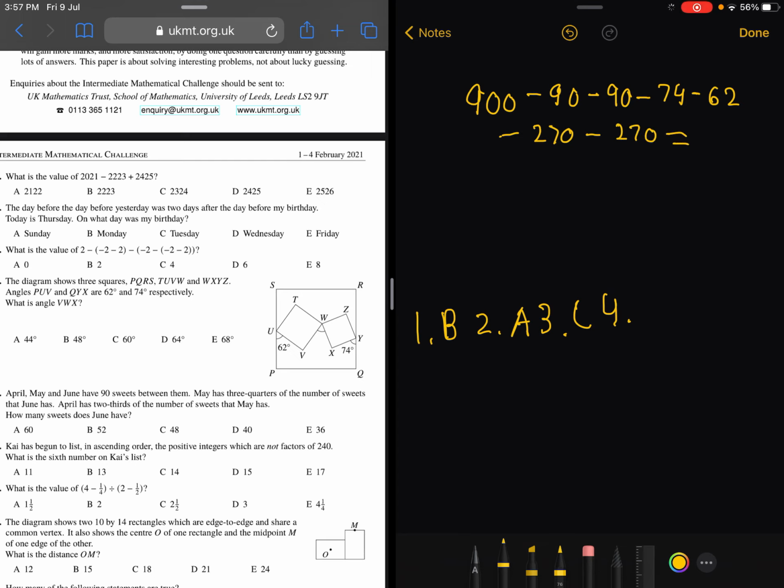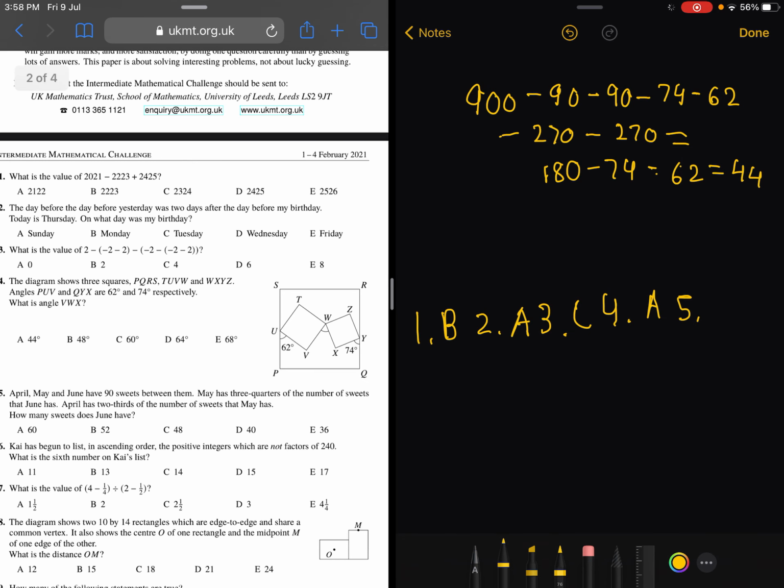So we are left with VWX, which is equal to 810 minus 90, which is 720, minus 540, which is 180, minus 74 minus 62, which is equal to 44 degrees. Although this would give you the same answer had you drawn a straight line, we cannot assume there is a straight line, so we actually have to work it out this way. So 4 is still A, but that's a wrong approach if you went to draw a straight line.